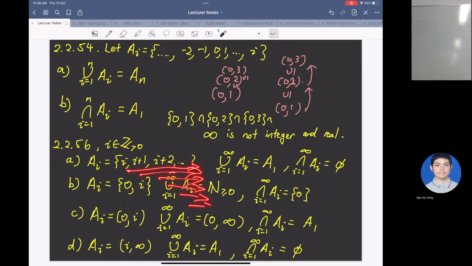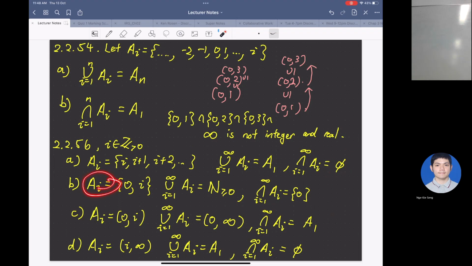But infinity is not in the set, so this is an empty set. There's nothing in there, because if there is someone in here, you can find an n such that the n is larger than it. So you cannot find any number here. So it's an empty set.